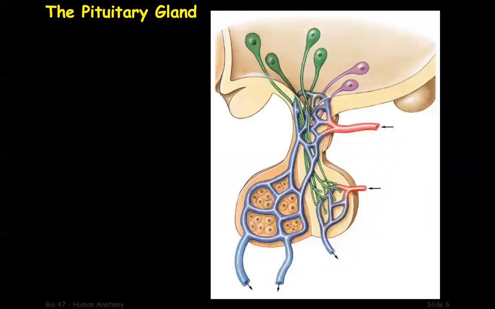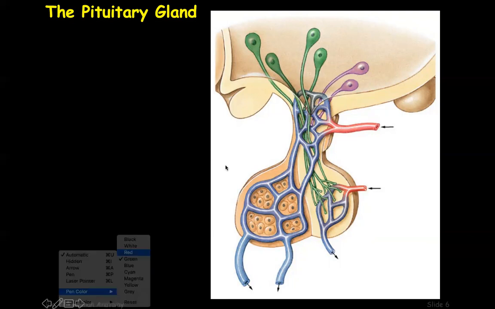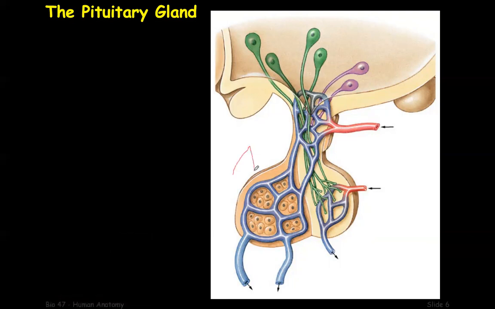So here's an illustration showing this. The anterior pituitary on the left side of the screen. And you can see that there are blood vessels that travel into the anterior pituitary, carrying hormones that are released from the hypothalamus and causing the release of hormones from the anterior pituitary.